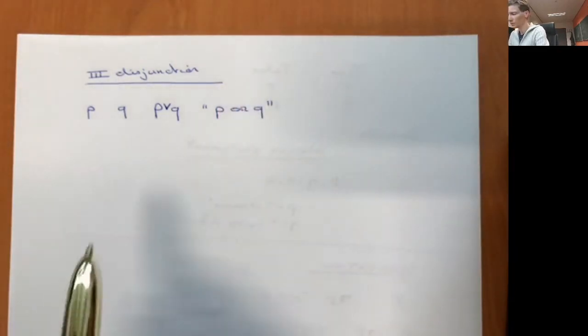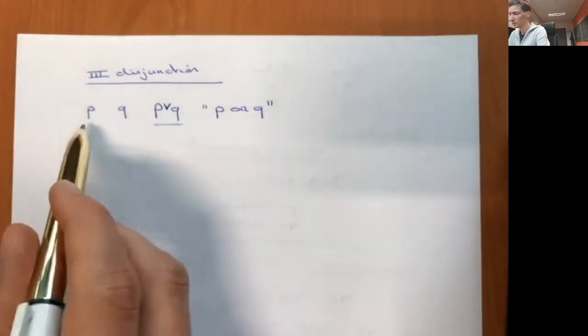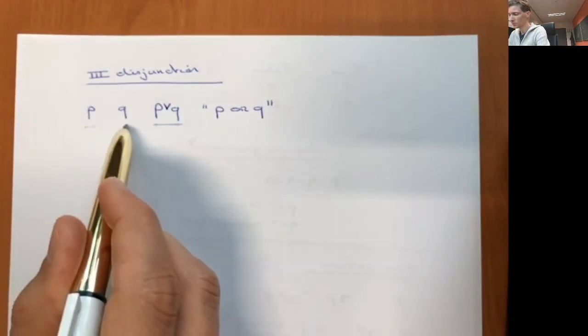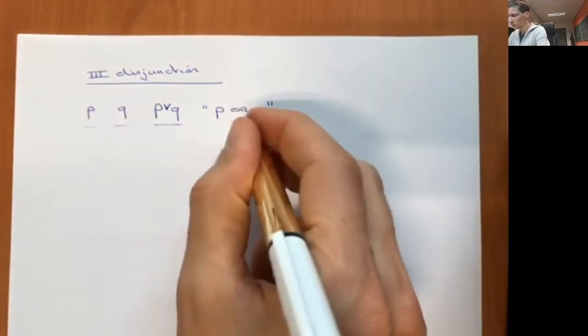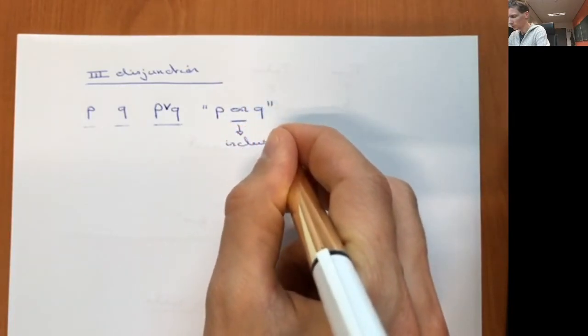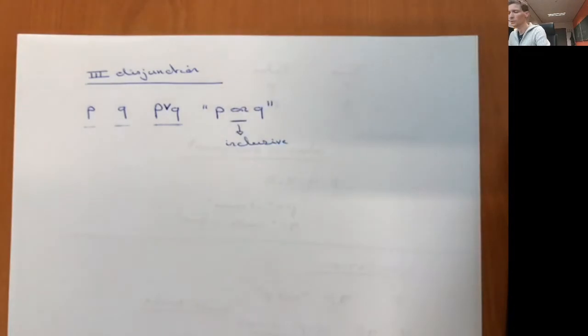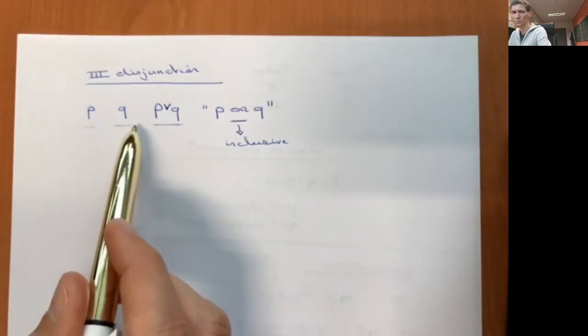So what's the idea? The idea is that this formula P or Q is true if P is true or Q is true, right? So one of the two has to be true. And this is an inclusive OR. What inclusive means is that P is true or Q is true, or they can also be both true.